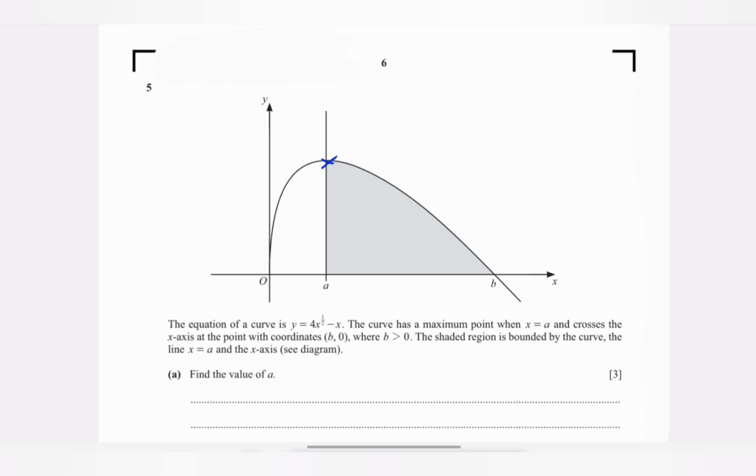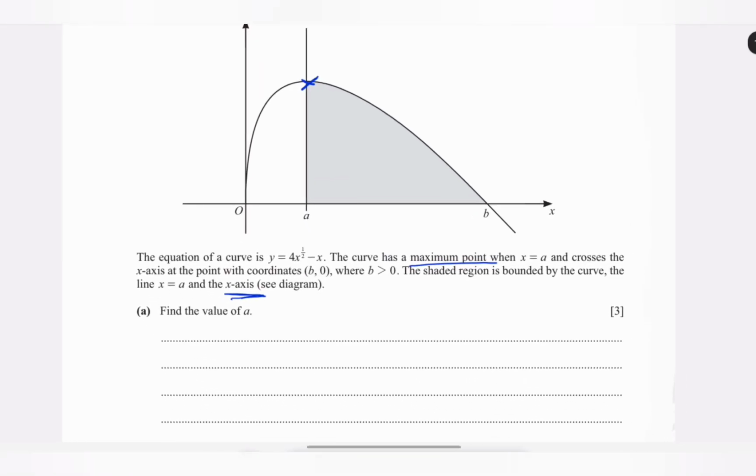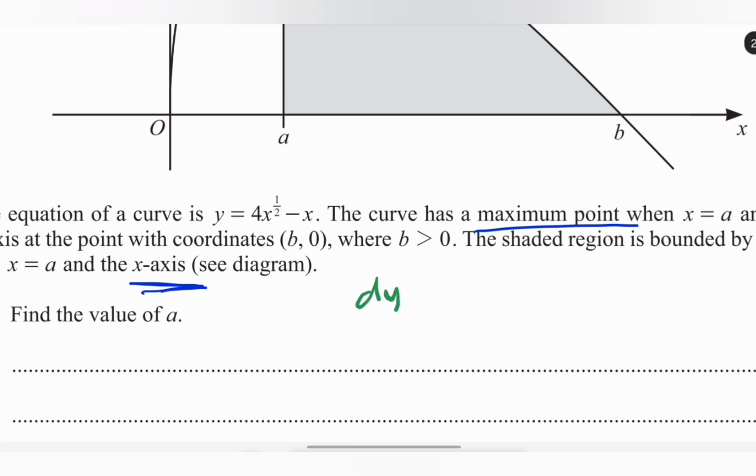Now a is the x coordinate of the maximum point, if I'm not mistaken. Yes, it's the coordinate of the maximum point. And we know that at the maximum point or the minimum point, our dy/dx is equal to 0.